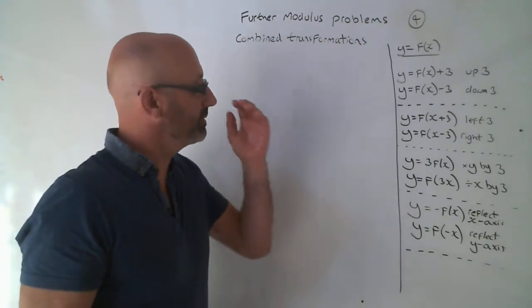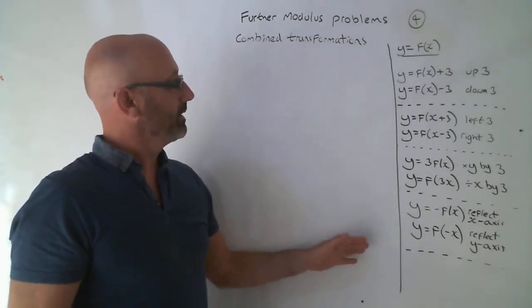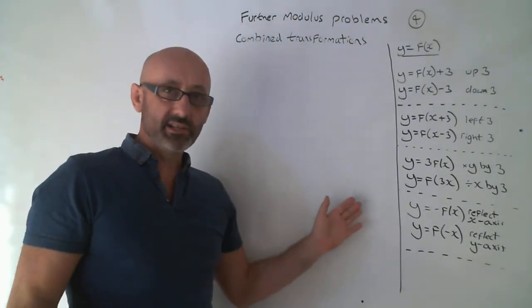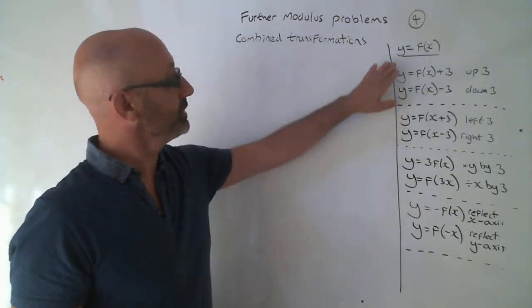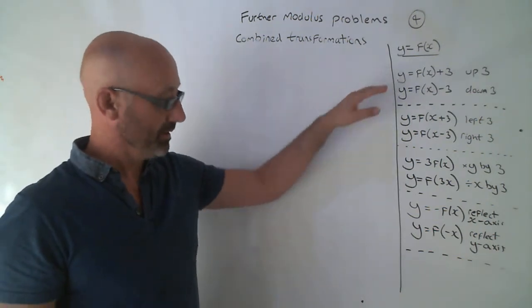Now, again, I'm pretty sure we did this in year 12. We talked about this, but we certainly did it at GCSE. Okay, and you need to know all these transformations.